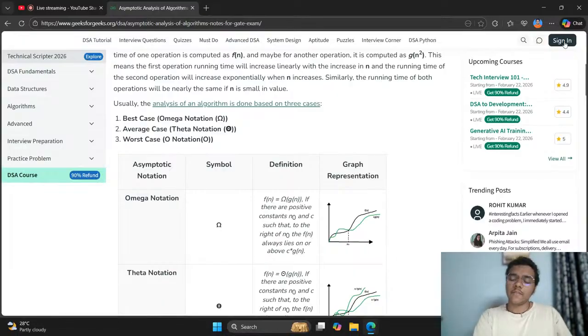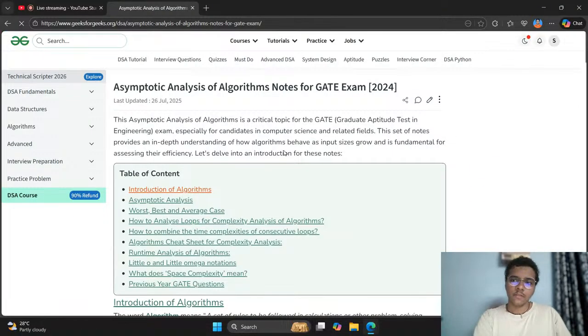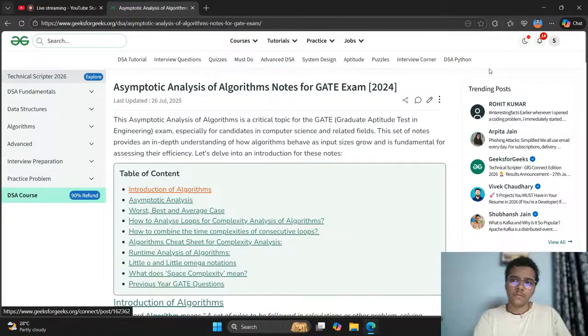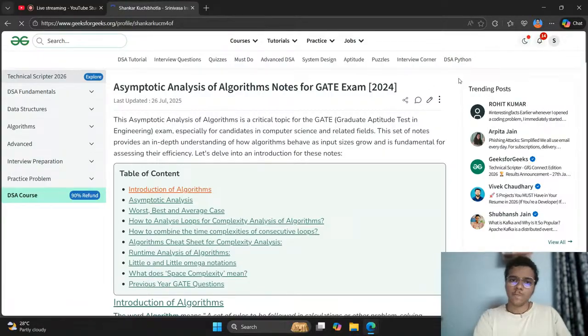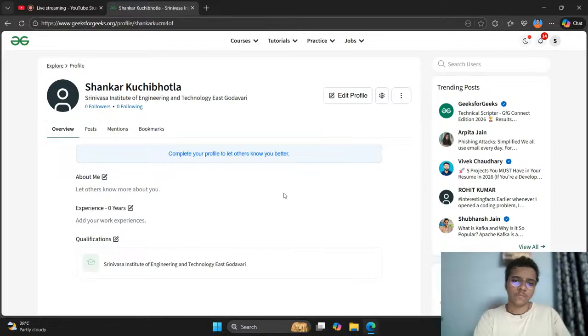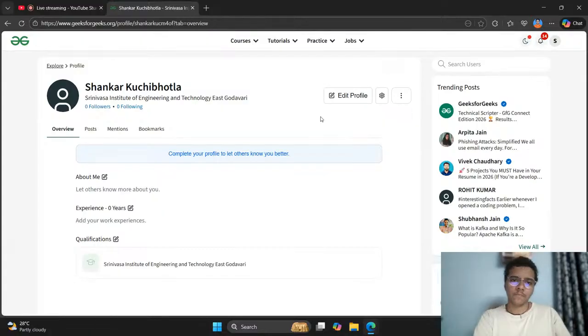Okay, I did not sign in. Wait. That's why things are looking different actually. Where is this dark mode? How to enable?